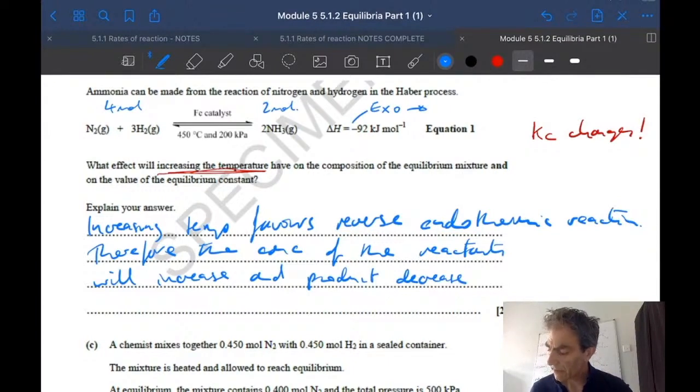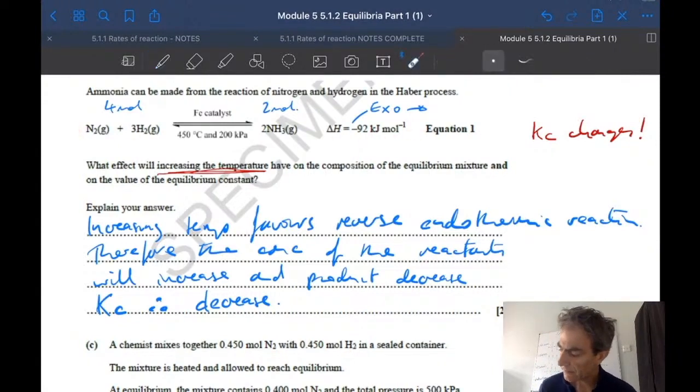Okay, and because of that, Kc will therefore decrease, and that's because the equilibrium is moving to the left. So I hope that makes sense. Increasing the temperature favours the reverse endothermic reaction. Therefore, the concentration of the reactants will increase because the equilibrium is going more that way, to the left.